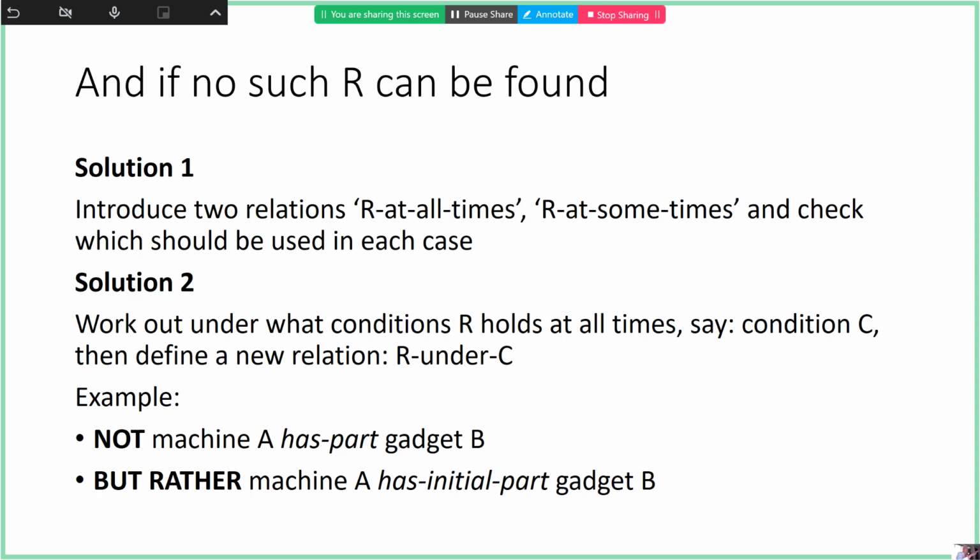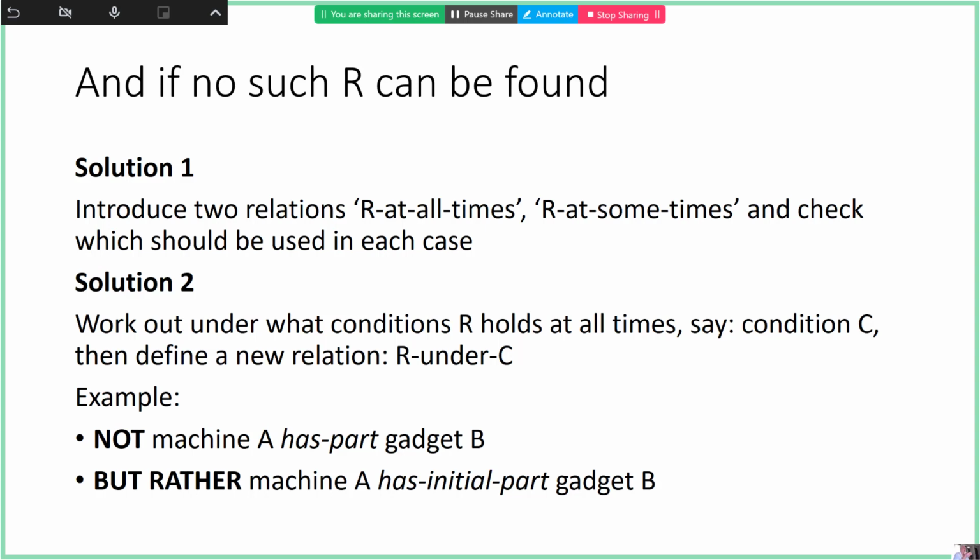And this is actually also a solution which is being implemented currently by biologists with some success. So it may be true that every machine of type A has a single gadget of type B, which is its B part at all times. But it may be true, and it probably is trivially true, that every machine has a single initial part, which is a gadget B.